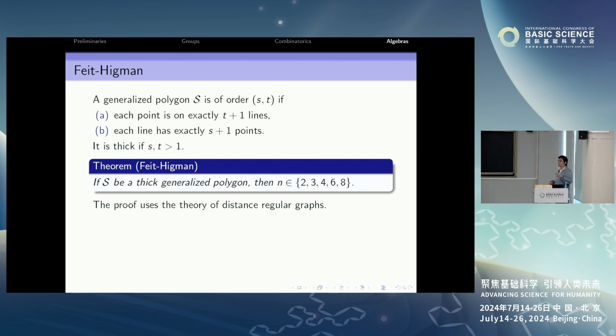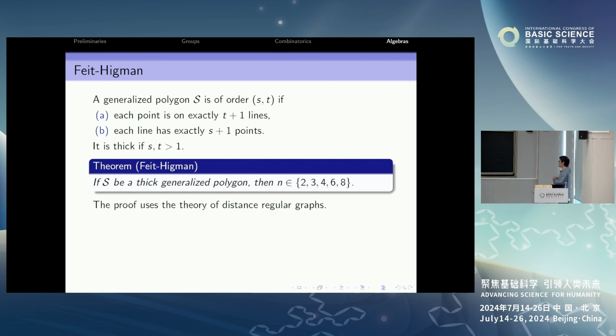There are some degenerate cases, so we make two further assumptions: each point is on exactly t plus 1 lines, and each line has exactly s plus 1 points. In such a case, we say such a generalized polygon has order (s, t). It's thick if both s and t are greater than 1.